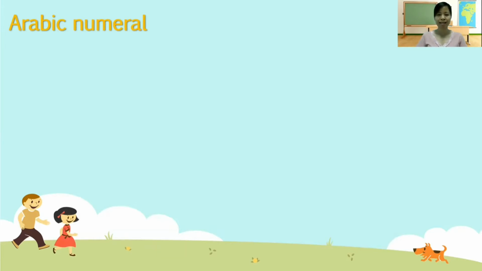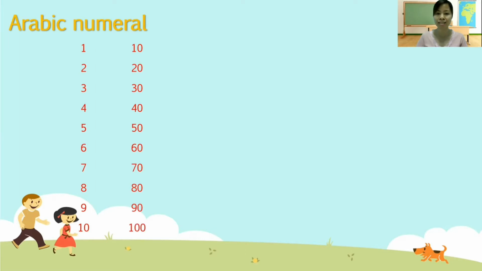So these are the examples: 1, 2, 3, 4, 5, 6, 7, 8, 9, 10. And when we count by 10, we have 10, 20, 30, 40, 50, 60, 70, 80, 90, 100. And if we count by hundreds, let's say 100, 200, 300, 400, 500, 600, 700, 800, 900, and 1000.